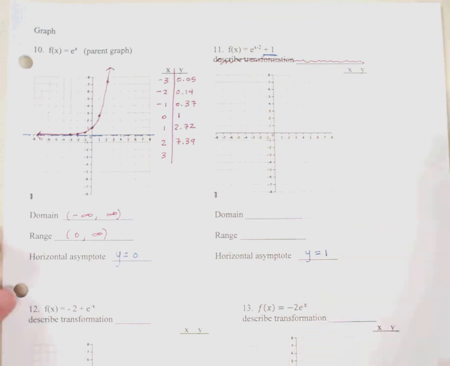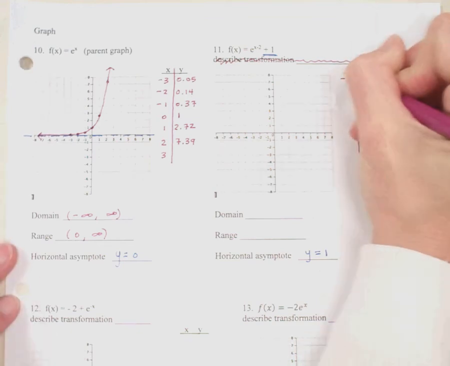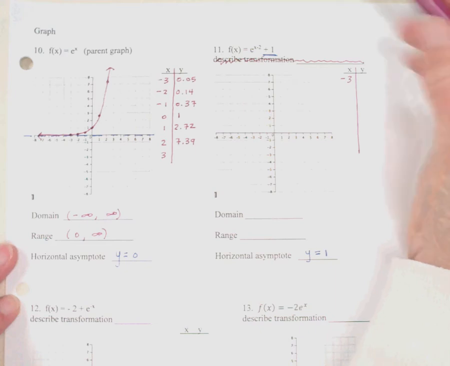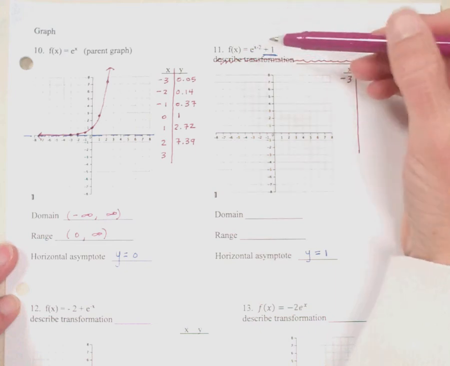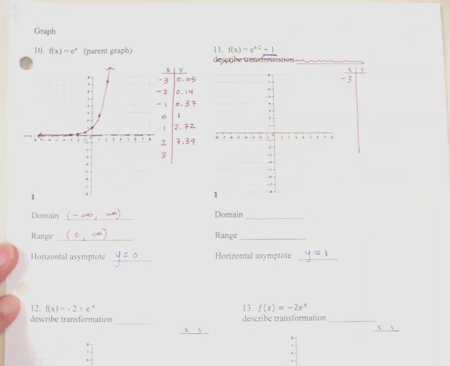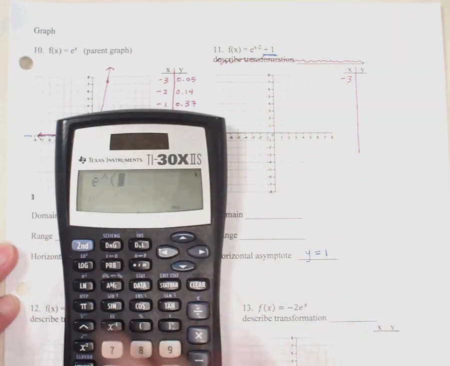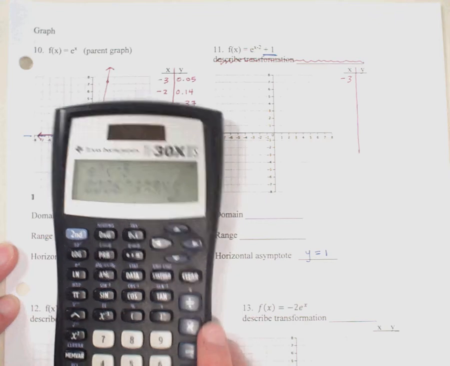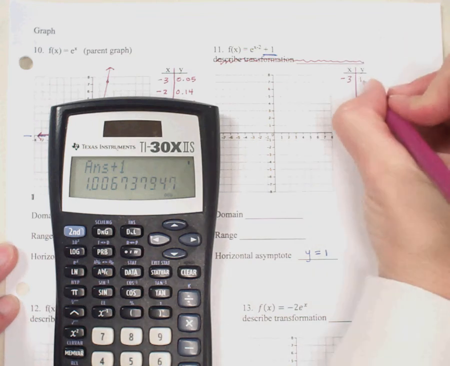Now I need to plug in values. Okay. I can start with -3. Now, if I take -3 minus 2, that is e to the -5th power. e to the -5th power is pretty small, but then I also have to add 1 to that, and I get really, really close to 1, like 1.01.